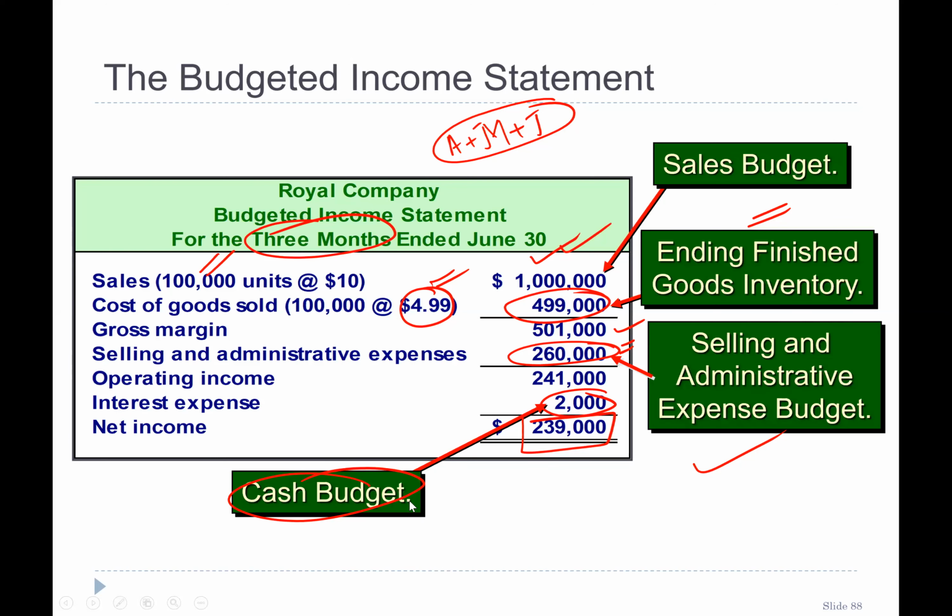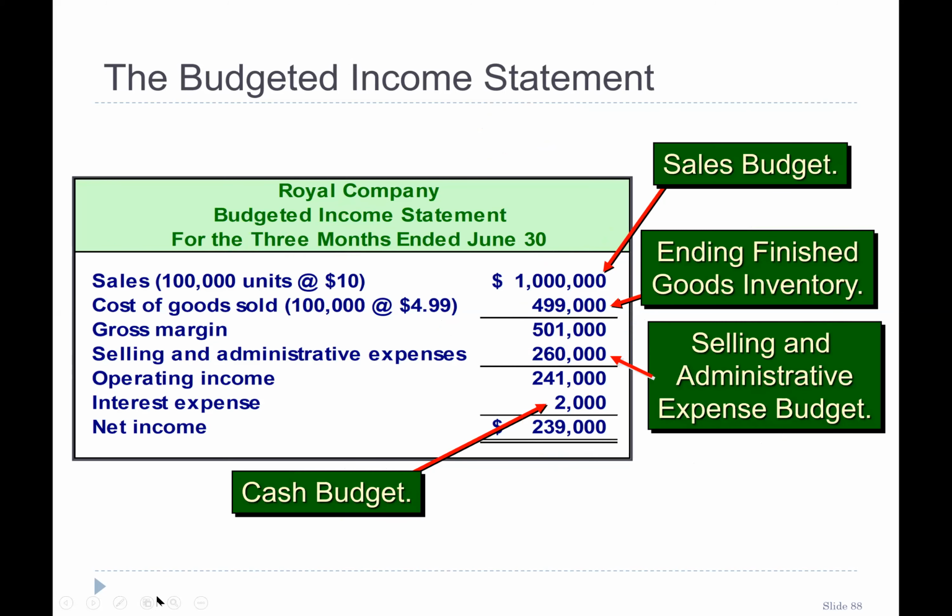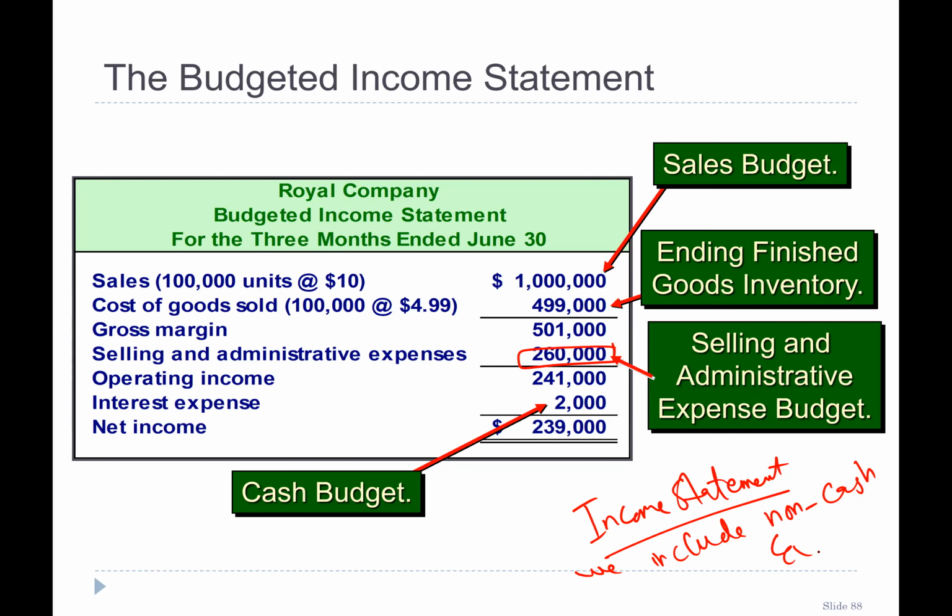So if you see our income statement here, we use budgeted selling and admin expenses of 260,000, because in the income statement we include non-cash expenses, right?